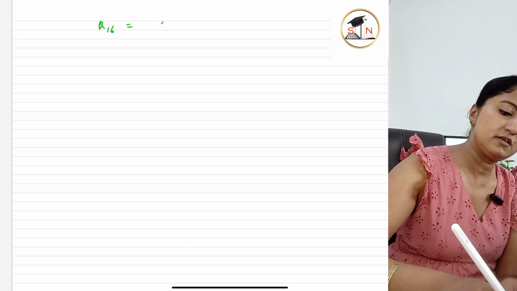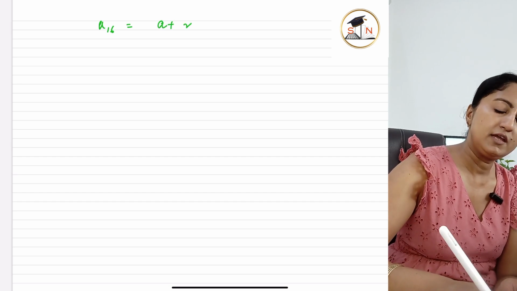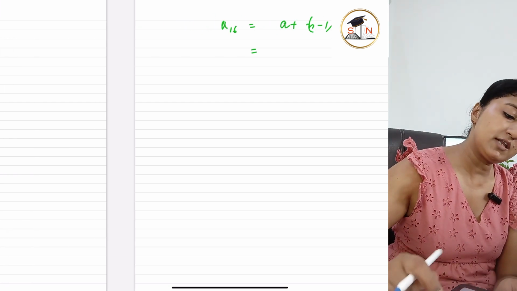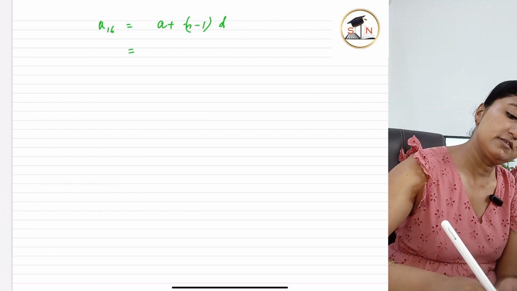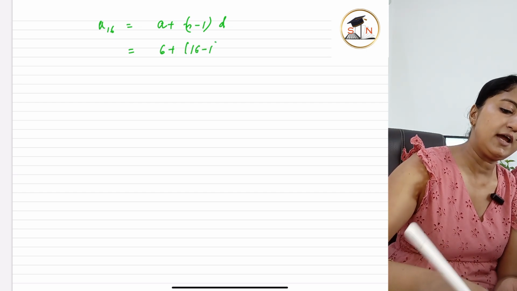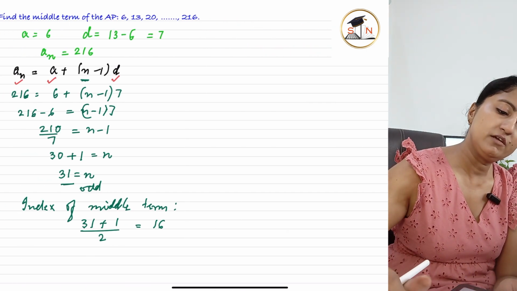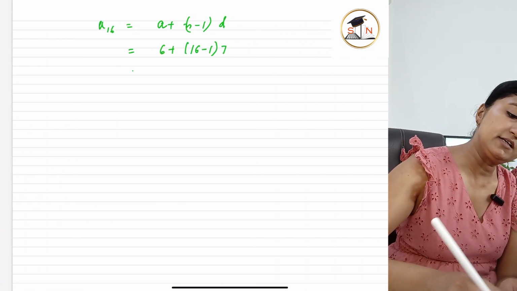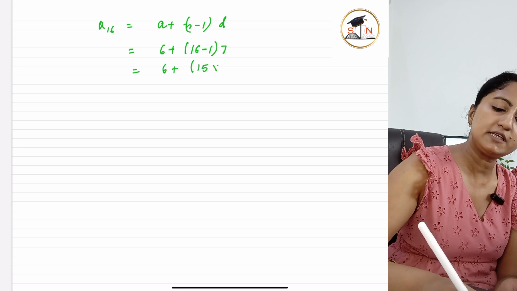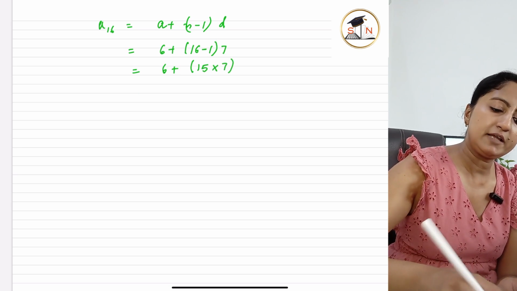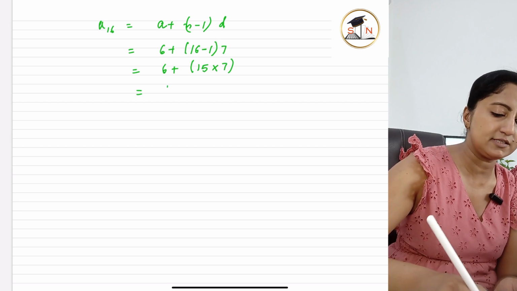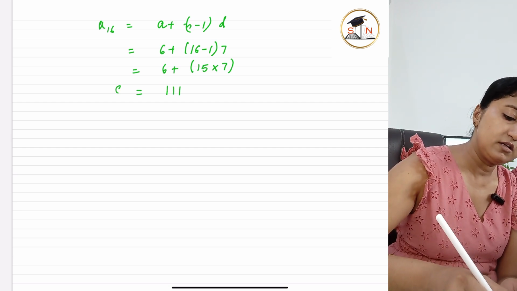And that is a plus (n minus 1) times d. What was our a? a was 6, n was 16, and d was 7, right? So we get 6 plus 15 times 7. 15 times 7 is 105, and 105 plus 6 results in 111.